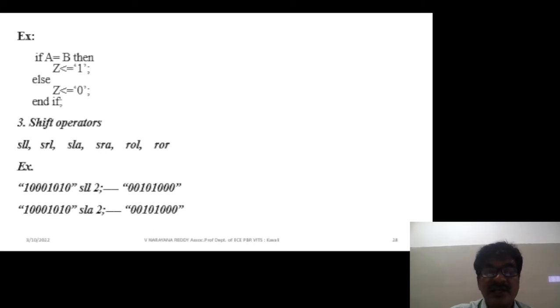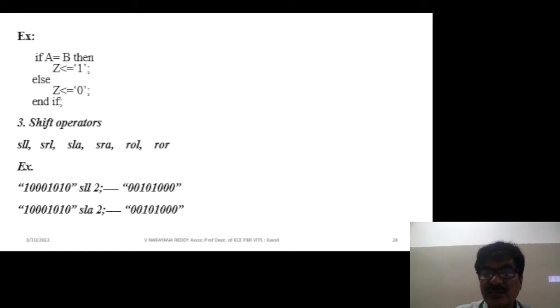Here also the data will be shifted towards the left hand side by 2 positions, and 2 LSB positions will be vacant, but they are filled with whatever the LSB bit is. In this case the LSB bit in the original data is 0, so zeros will occupy the vacant positions.